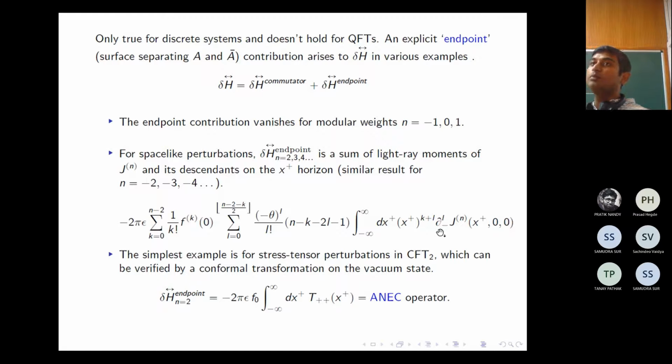And there is a similar contribution if n is -2, -3, -4, and so on. As I said, if it is simply n equal to 2, which is the relevant case for stress tensor perturbation, then you can show that this delta H endpoint boils down to an NX operator. This delta H endpoint is the full modular Hamiltonian change.